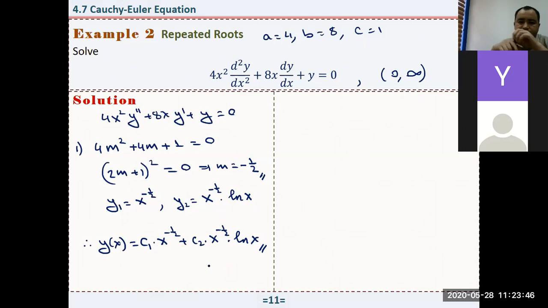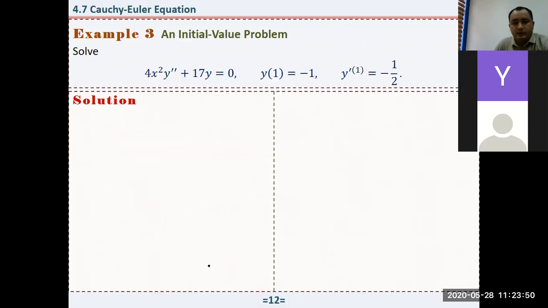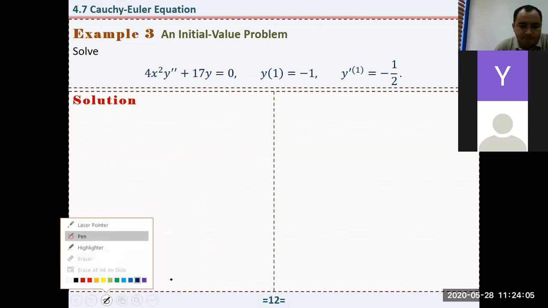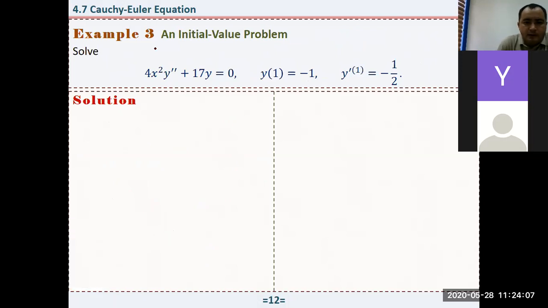Another example, that is for complex roots, an initial value problem. So from here we can identify that a is equal to 4, right?